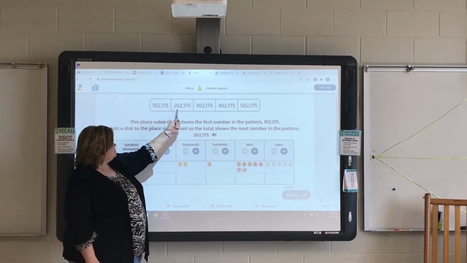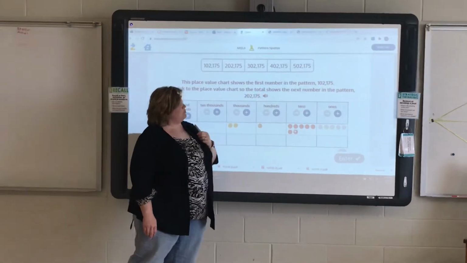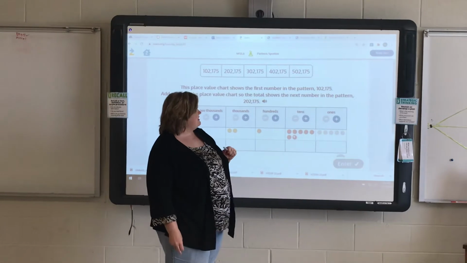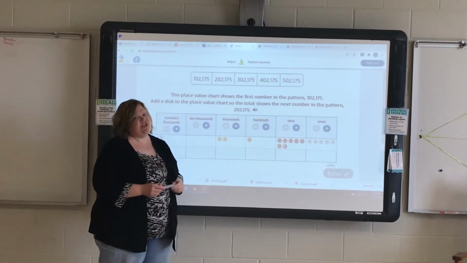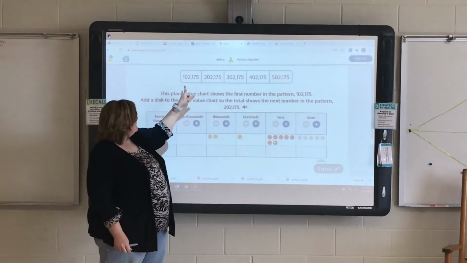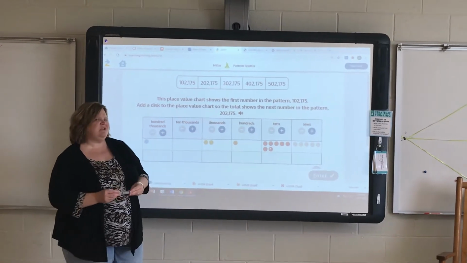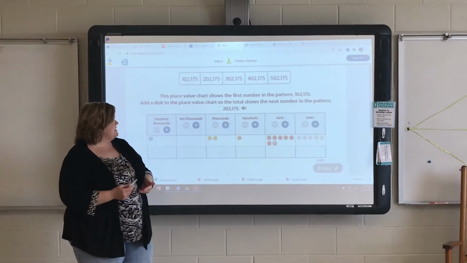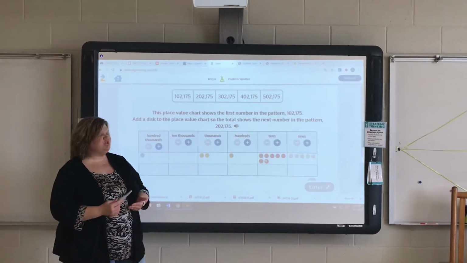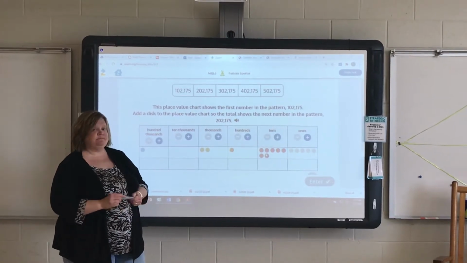So here's our number pattern: 102,175, 202,175, 302,175, 402,175, and 502,175. So take just a moment and look at the numbers and decide in your head which place value is going up, is increasing.